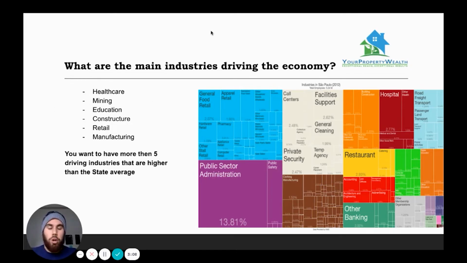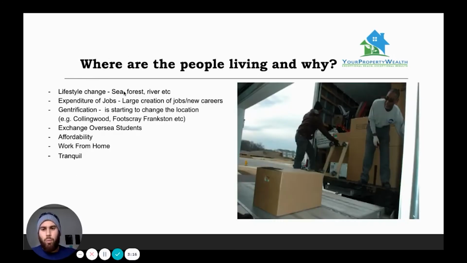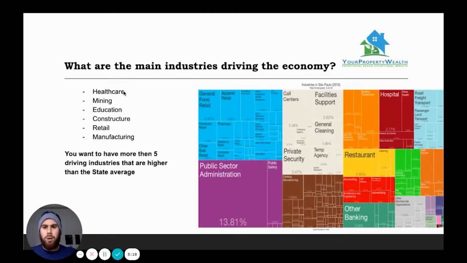Now, if you want to go deep on this, you've got to look at past history as well. You might see the healthcare sector in one town performing quite well, higher than the state average at the moment. But let's go back to previous data and see what happens over the last 4 years.